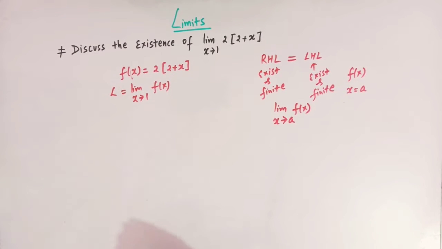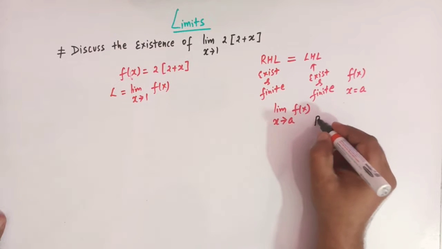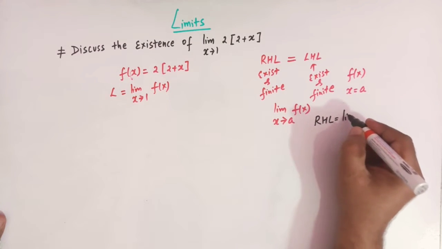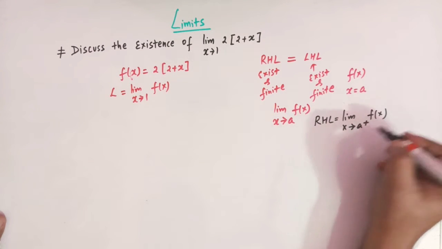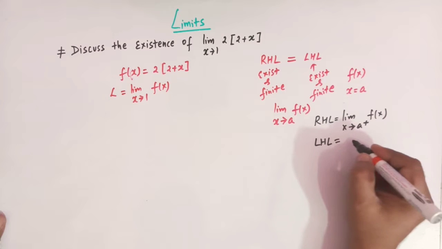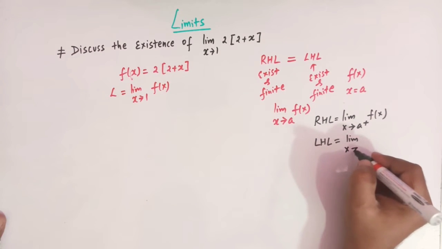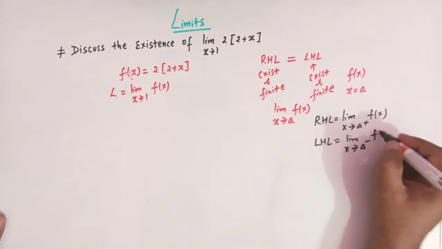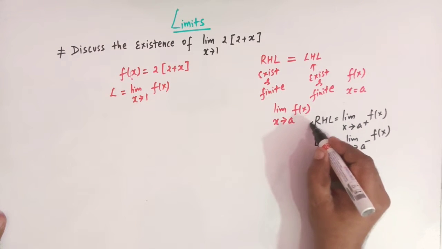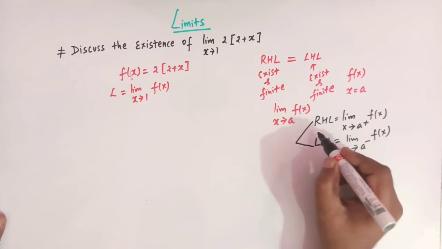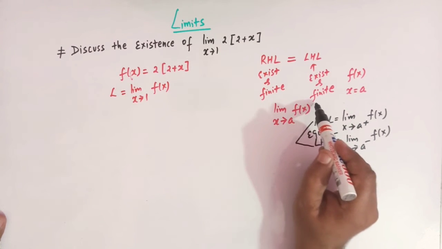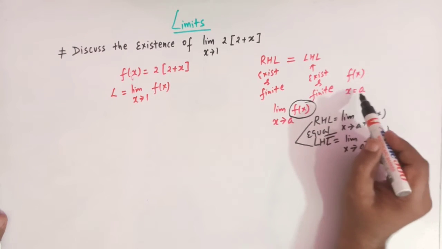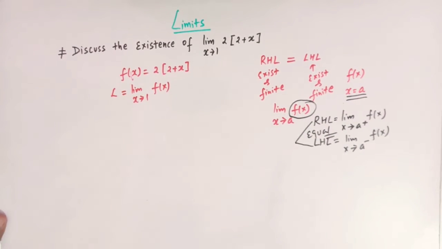We'll find the right hand limit, that is the limit x tends to a plus of f of x, and then the left hand limit, that is the limit x tends to a minus of f of x. If both these limits exist and are finite and equal, then we can say that the limit of this function at x equal to a exists.